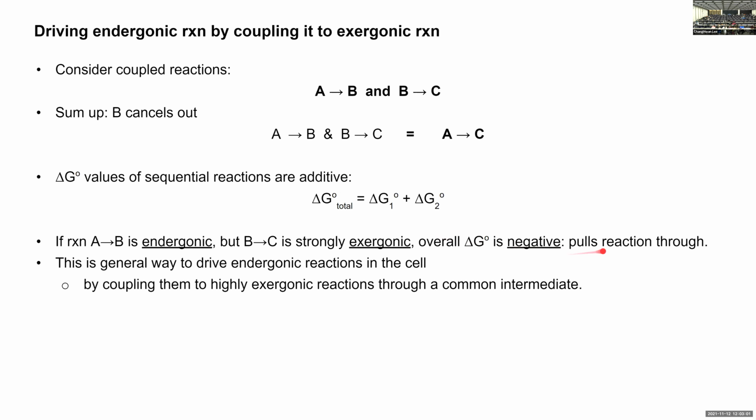So it can still pull the reaction in the forward direction. And again, here B is used as a common intermediate. And that really happens a lot. That's a general way to drive these kinds of endergonic reactions in the cell: to couple them with a highly exergonic process to drive them in a certain direction.